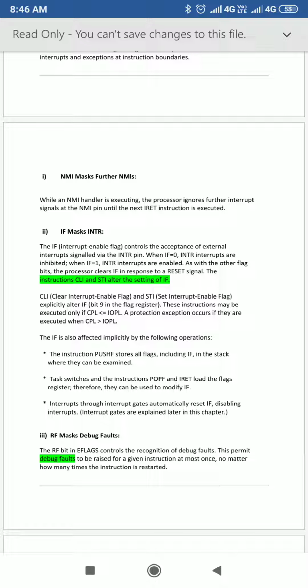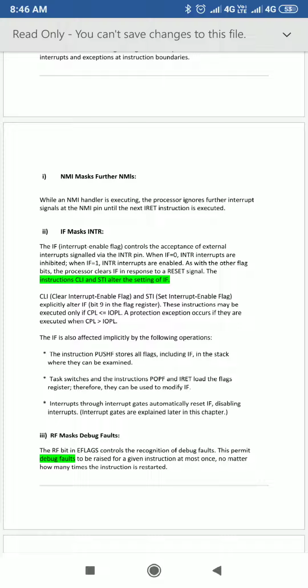When this condition is not satisfied, an exception will be generated. We have seen CPL, the current privilege level, in your third unit. The highest privilege is PL0, that means kernel level.